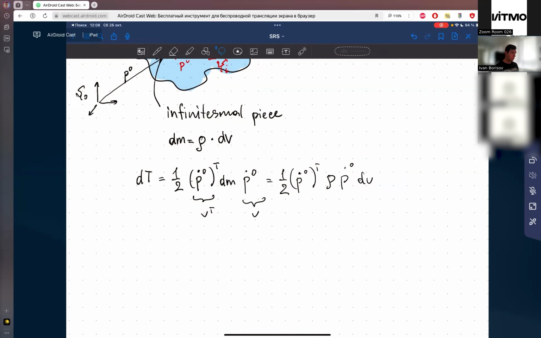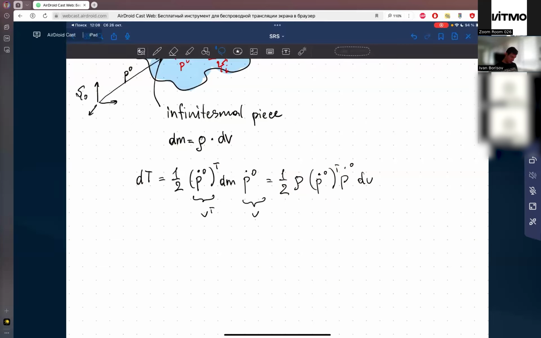And what we'll get, let me change. And since rho is just a scalar, we can also swap positions, and we can do this.